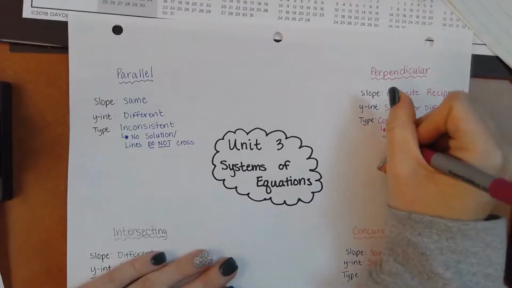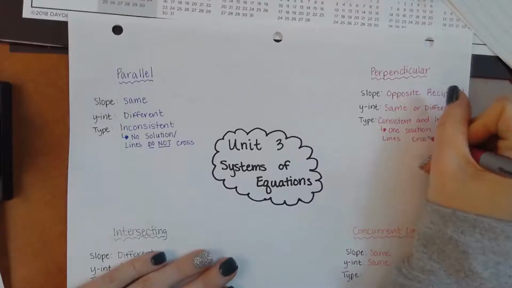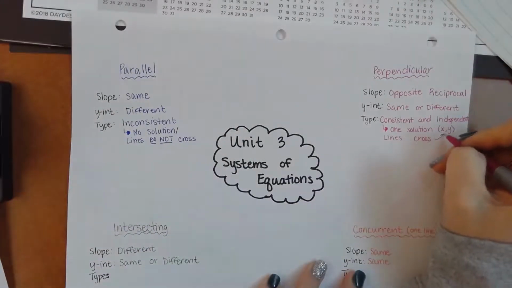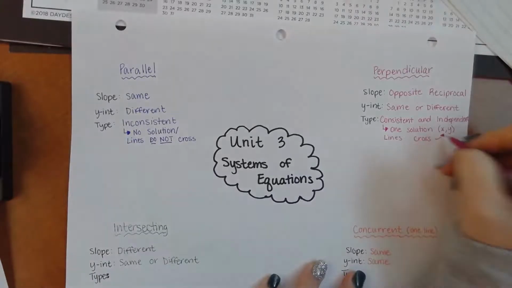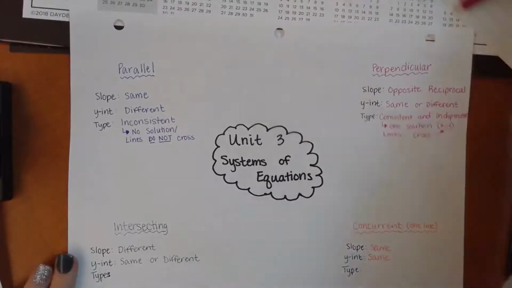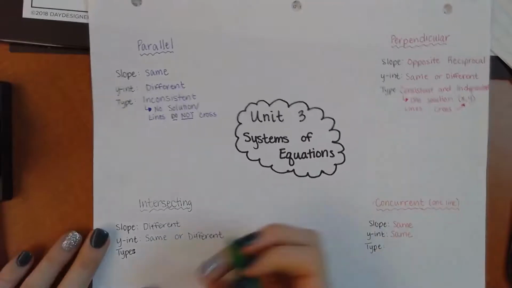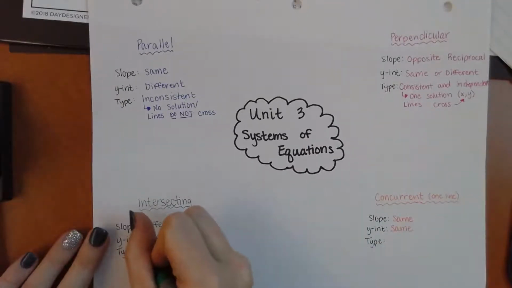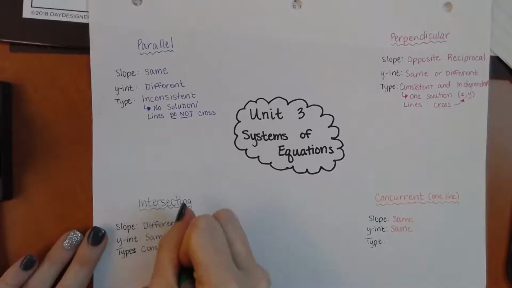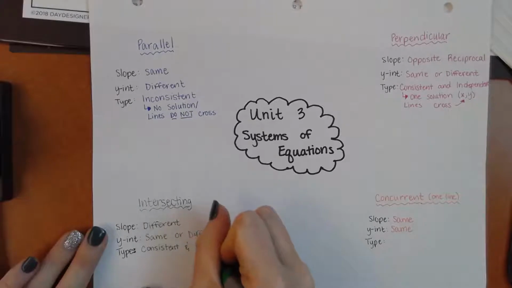And then your lines cross, and they're going to cross at that point. Okay, intersecting is the same, so it's consistent and independent.